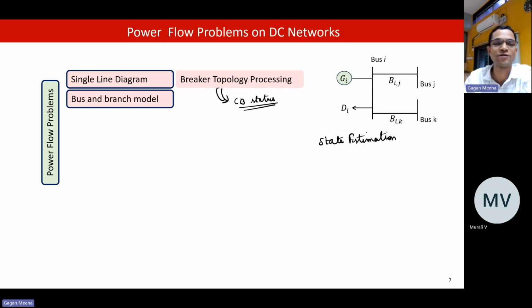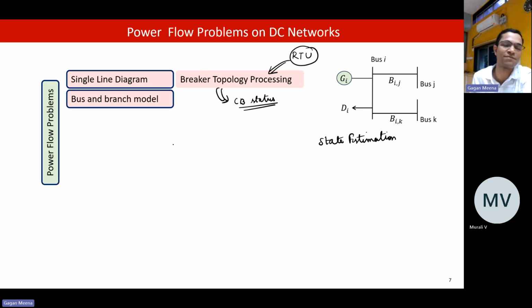The SCADA system used to get the input from the RTUs, remote terminal units. From there we get the circuit breaker status, and from that we can create the topology. Once we know the circuit breaker status, we know which bus is connected to which other buses through which lines. Once that is fixed, we can create the single line diagram.